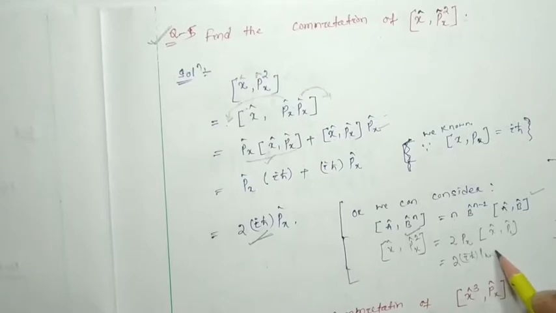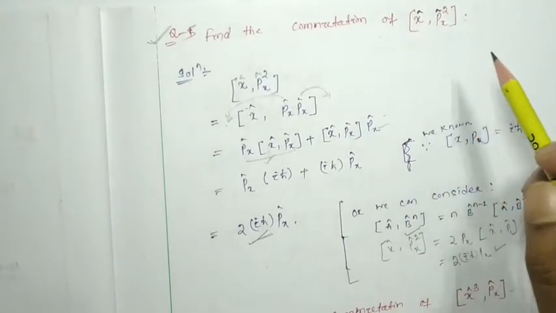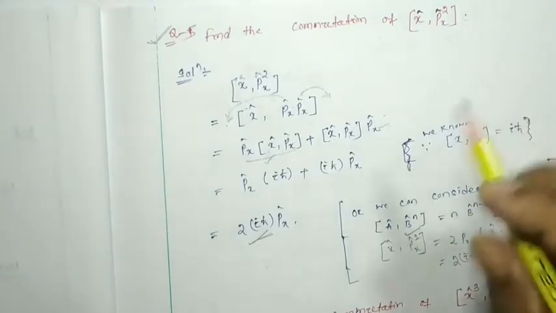Okay, so this is the answer. So this way also you can solve. Actually, this type of question in your exam is generally asked for 2 marks or 1 mark, short questions.